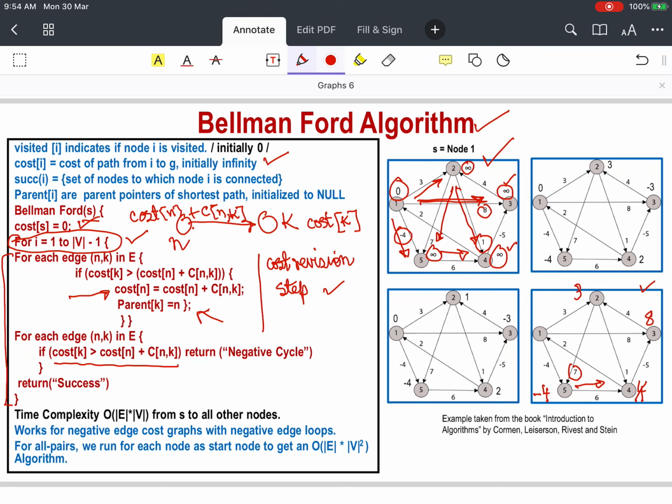The existing cost is 4, so this cost will be adapted to become 2. Next, if we come to this edge, now we know that the cost of node 4 is 2, the edge cost is 5, and this is already 8, so this will now get changed to minus 3. This way, we have covered all the edges except this one.